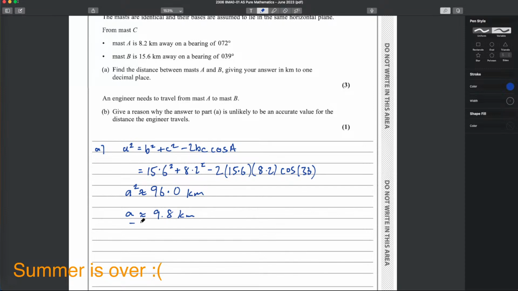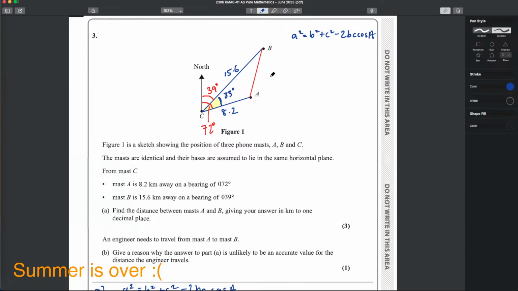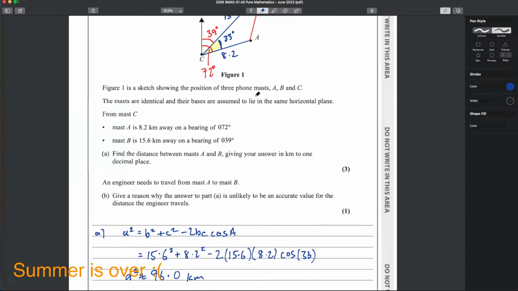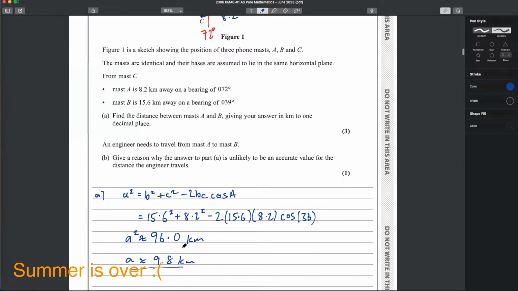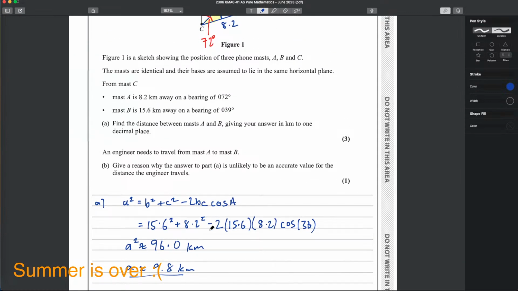Yes, exactly. It is hard, but obviously I just almost did it myself, but you need to remember to check that context. If these distances are 8.2 and 15.6, this can never be 96. So there's often easy checks you can do to make sure your answer is sensible. Okay, 9.8.